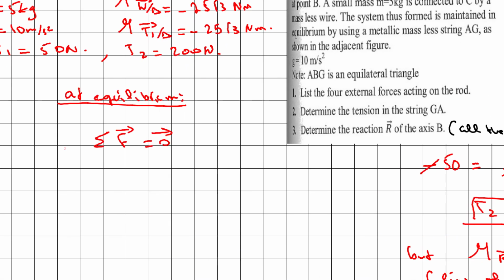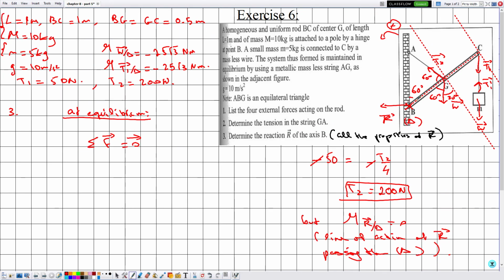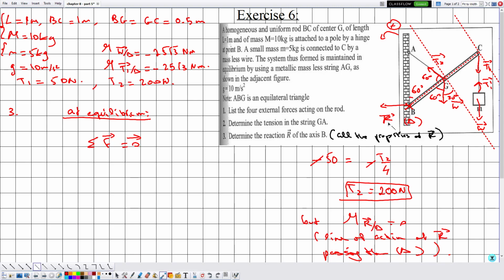Now notice that here I'm calculating R independently, without referring to the figure. The only thing I will do is to consider this as the positive x-axis like this, and the positive y-axis like this.